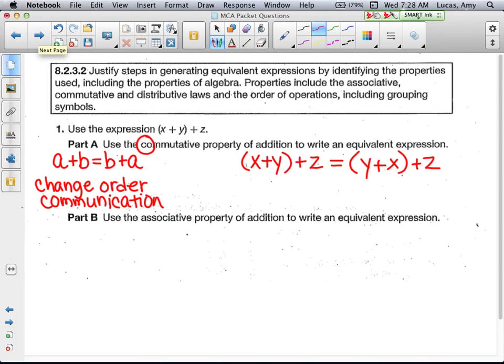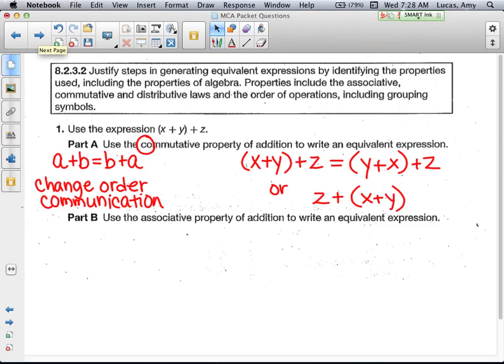I also could have changed the order of these, because it just depends on which addition symbol you're looking at. If you look at this addition symbol, changing the order of that addition, or this addition symbol, changing the order of that one. So either way, you're using the commutative property when you change the order of two things that are being added together.